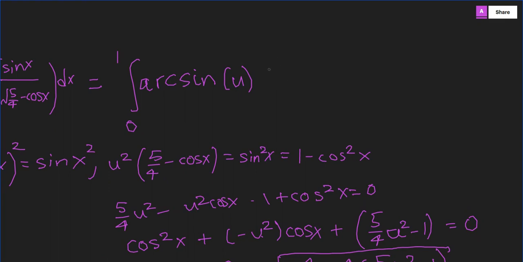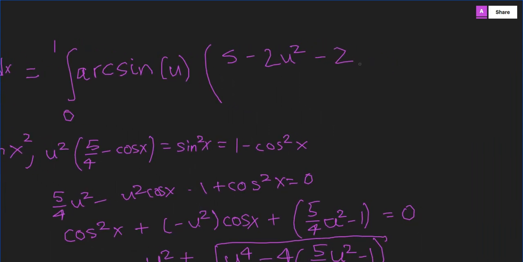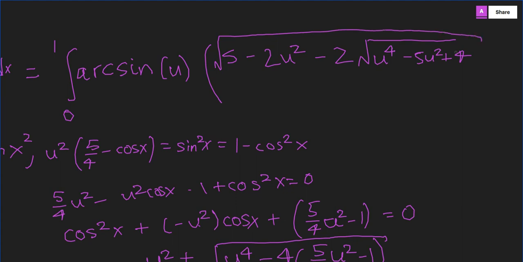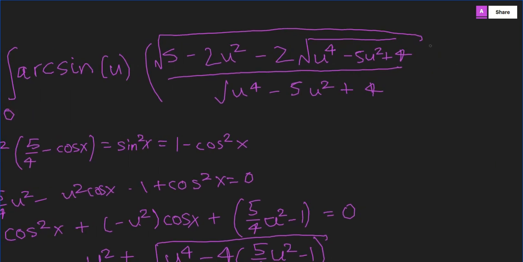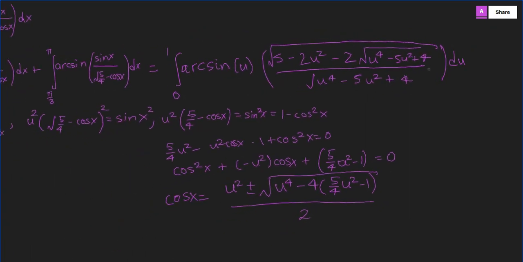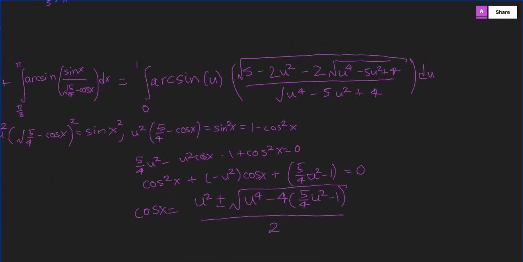So it should be arcsin u times root of 5 minus 2u square minus 2 root u to the power 4 minus 5u square plus 4, and this whole thing should be rooted as well, divided by u to the power 4 minus 5u square plus 4, du. It's also made this a lot easier to solve because 1 and 0 are a lot simpler than pi by 3 and pi.